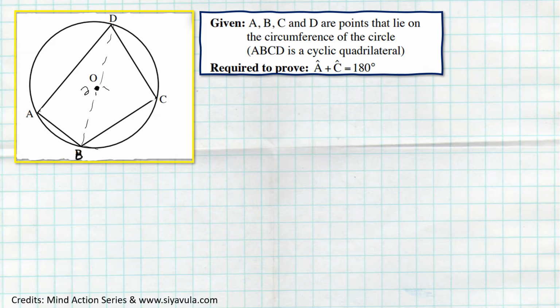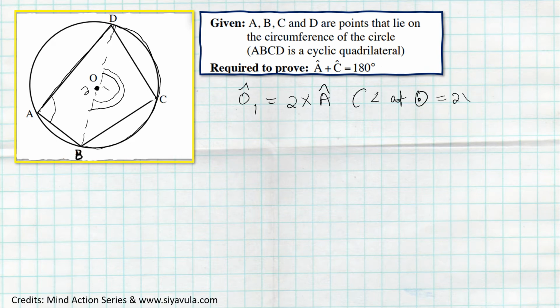Look at this. We have an arc subtending an angle at the center here, and the same arc subtending another angle at the circumference. What did we learn about that? Angle at the center is 2 times the angle subtended at the circumference, meaning that our angle O1 is equal to 2 times angle A. Our reason for that is angle at center is equal to 2 times angle at circumference.